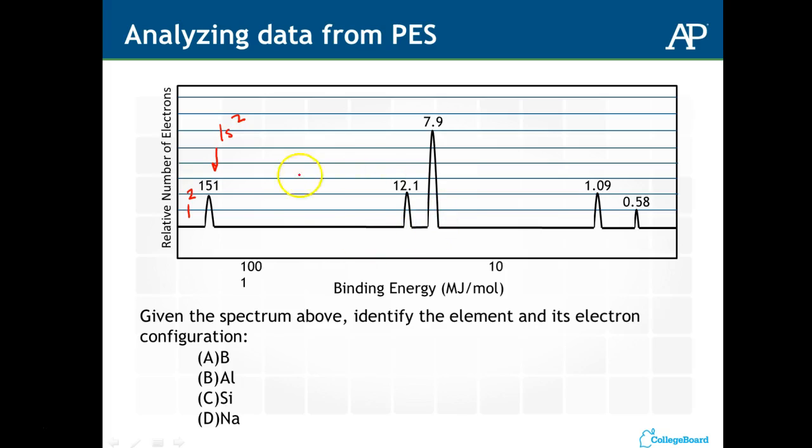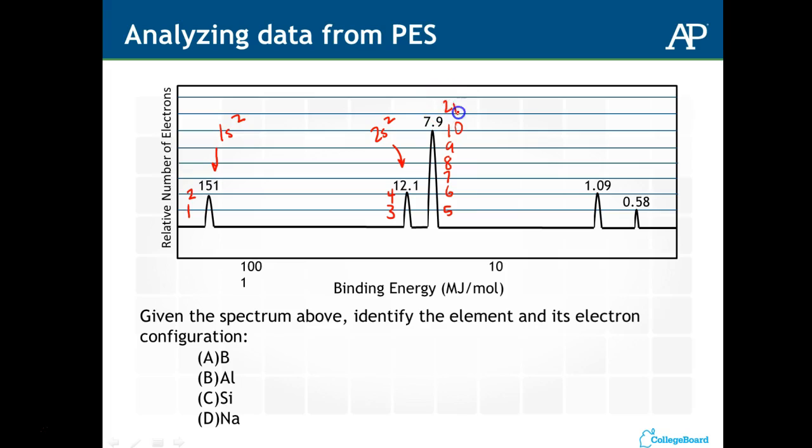Then we have a big space in between that shows that the binding energy for the next 2 electrons is significantly different, and that would indicate that they must be in a different shell. So I'm going to assume that this must be my 2s2. Then I have electrons 5, 6, 7, 8, 9, 10, that's 6 electrons, in a shell with a binding energy relatively close to this peak here, but slightly different.